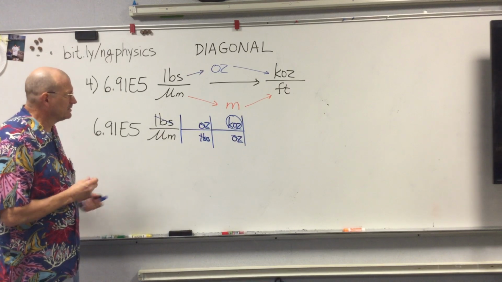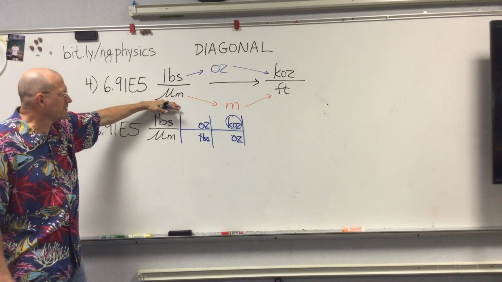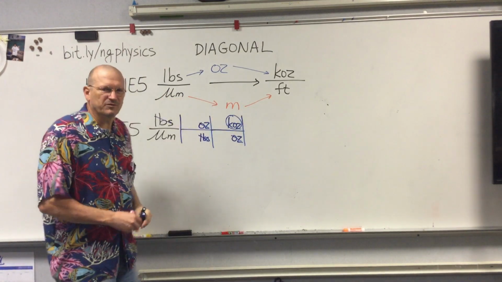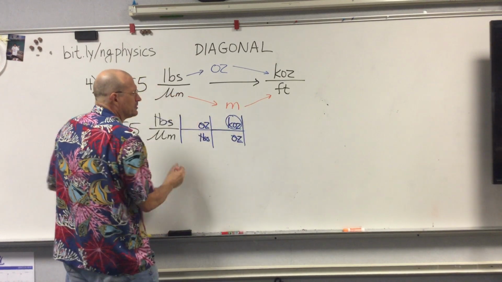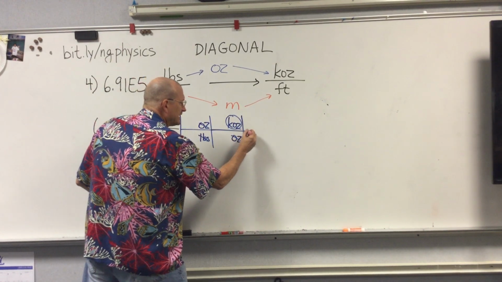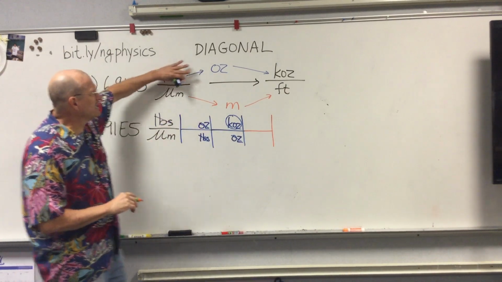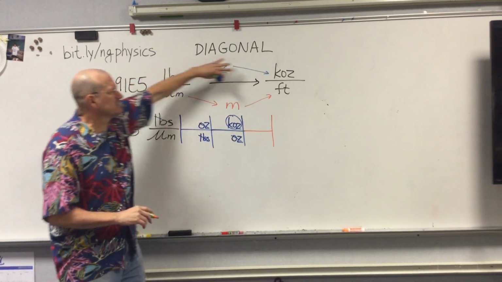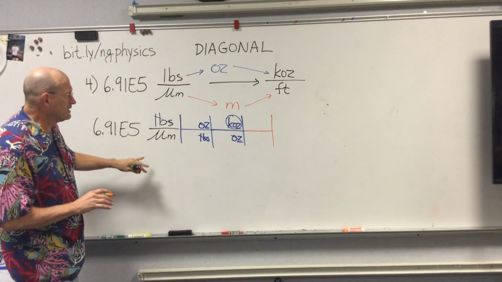Now at this point, we can come back and say, now I need to take care of the micrometer, and I need to get micrometer over to feet. My first step is going to be micrometer to meter, so I need to introduce another magic H. Now I am ignoring this, kind of suspending it, because I've already finished it.